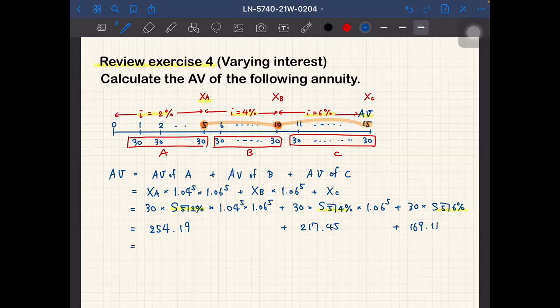So in total, you will get $640.75. In this way, we can calculate the accumulated value. This is complicated, but the point is we have to evaluate the amount at each time point where the interest rate changes.